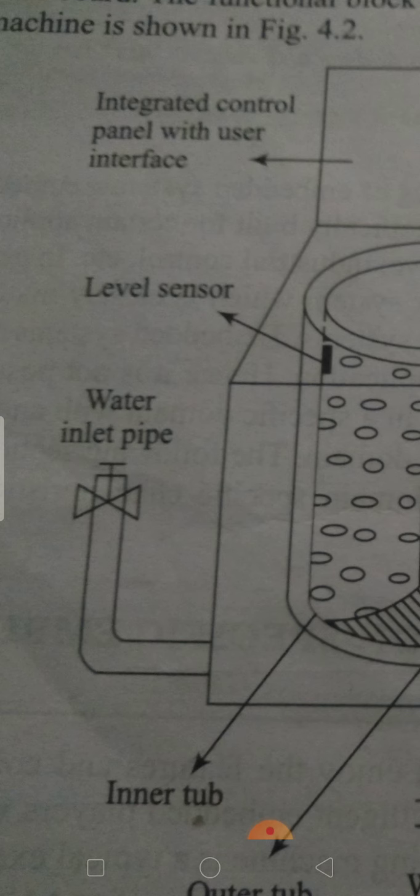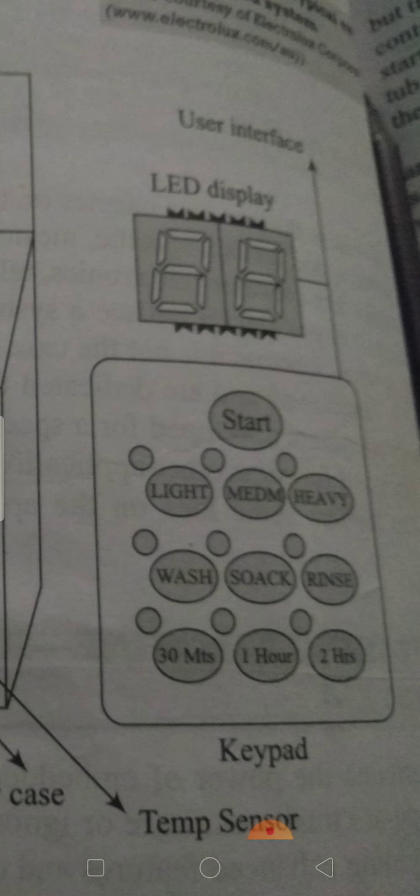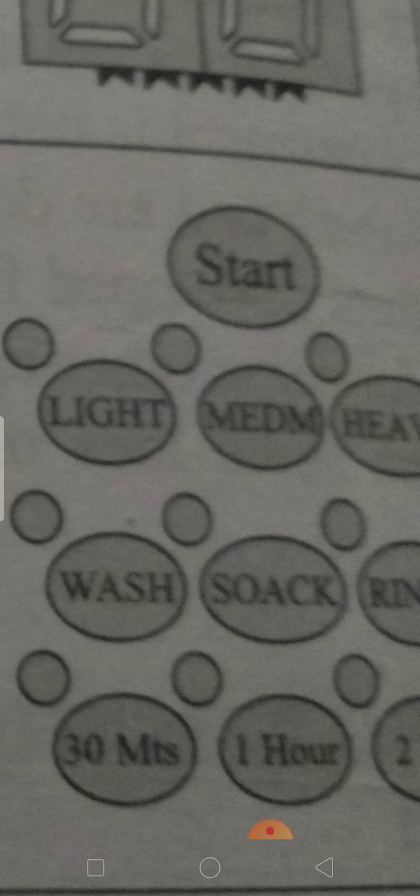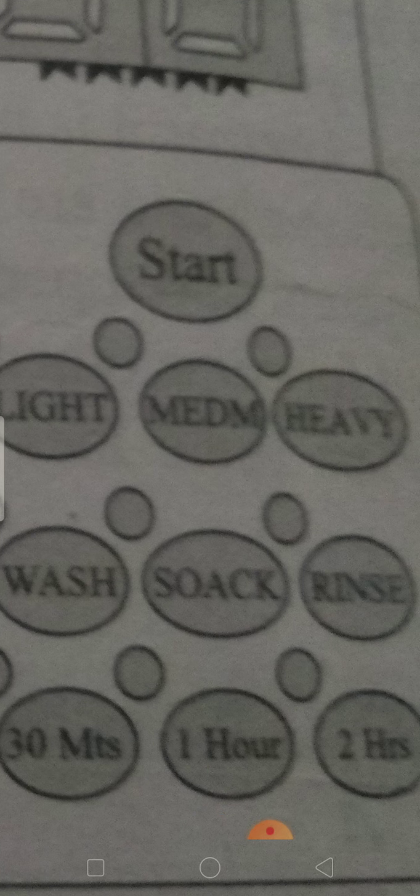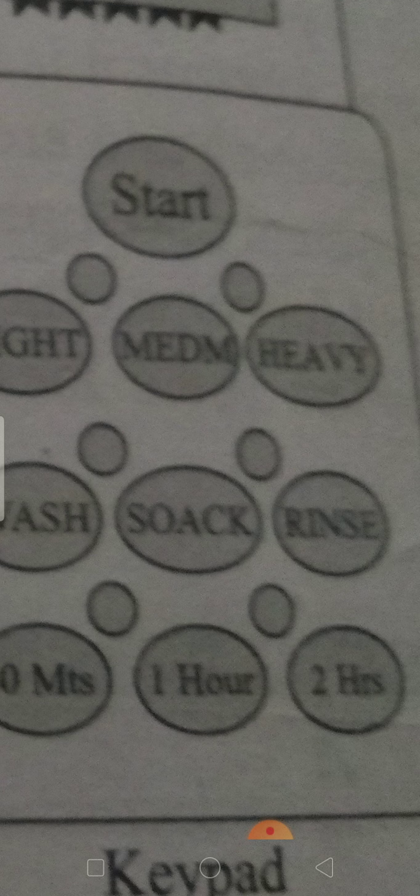You can see the LED display, and the keyboard consists of these parts: start button, light, medium, heavy, wash, soak, rinse, and 30 minutes, 1 hour and 2 hours on the keyboard.